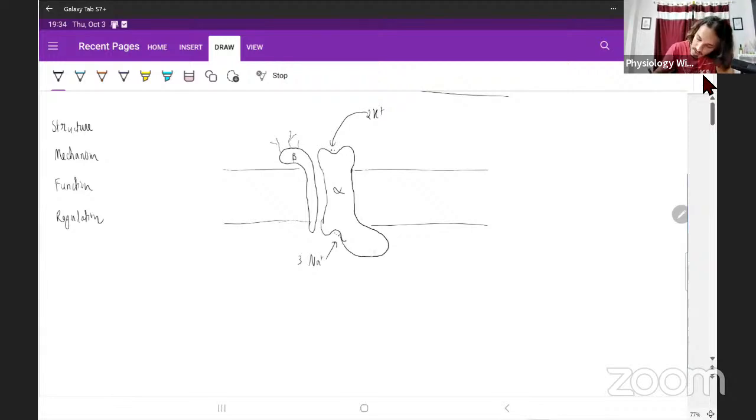Now inside there is also an area which is for ATPase function. So ATPase, what does it do? It converts your ATP and splits it into ADP and inorganic phosphate. Now this inorganic phosphate goes to a particular area which has an aspartate 376 of the amino acid chain. Okay, once it combines to that, structural changes happen to this.